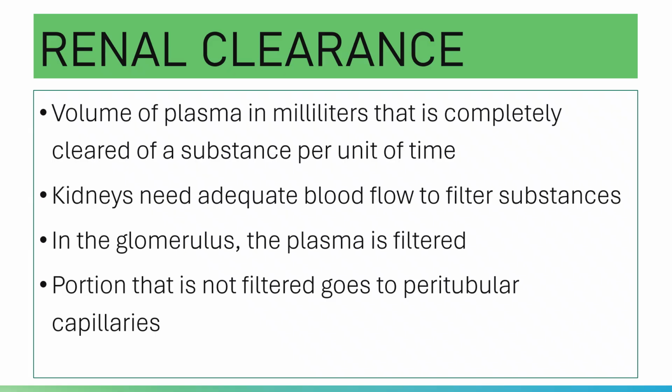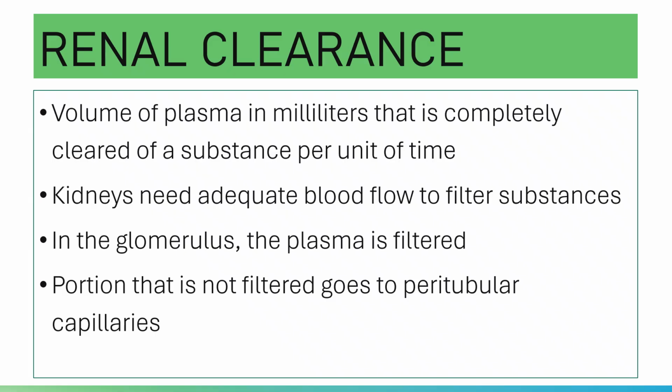Again, the adequate blood flow to filter substances, or your renal plasma flow, is actually 600 to 700 ml per minute. This number is the blood flow that reaches your renal corpuscle.